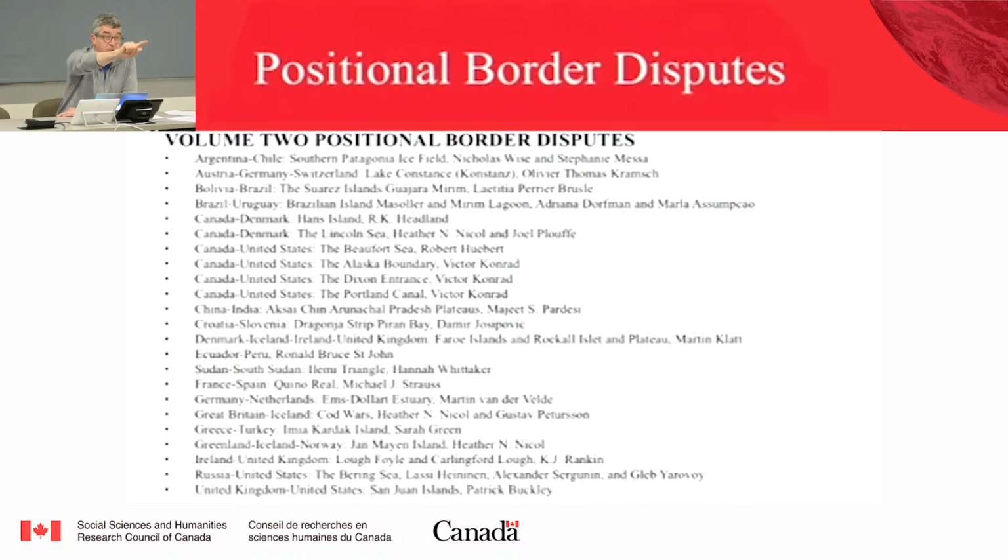I'm going to talk a little bit more about the German-Netherlands Ems-Dollard estuary, which was written by Martin van der Velde. It's my favorite one, not only because it's Ems-Dollard, which I think is a really interesting name, but it's an estuary which has been disputed between both constituencies, we can call them. It's a dispute that is 480 years old.